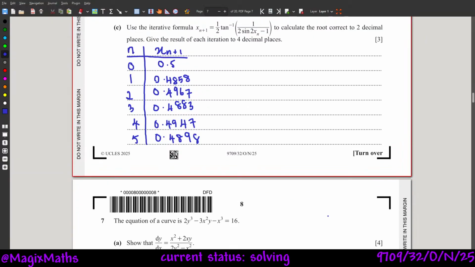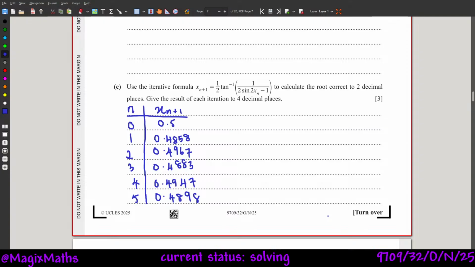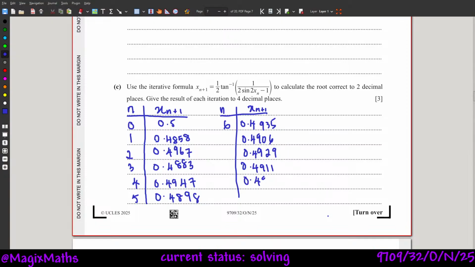Is it supposed to go this long? But let's just continue. Our sixth iteration, 0.4935, 0.4906, 0.4929, 0.4911, 0.4925, 0.4915.